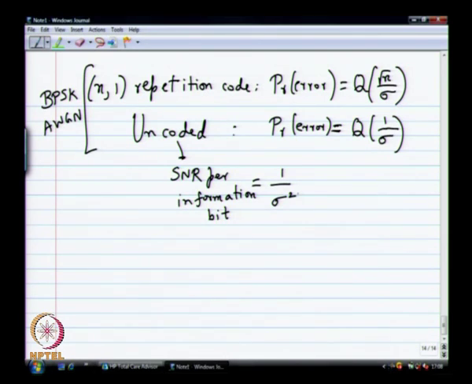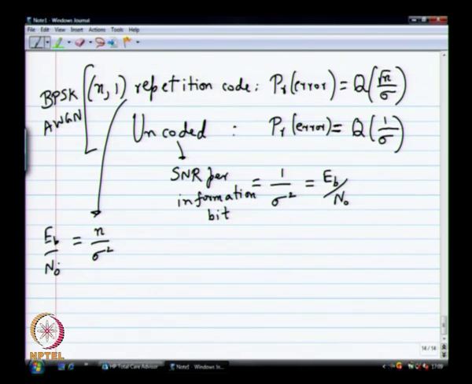So the symbol power is just 1, either minus 1 or plus 1, the variance is just 1. What is the SNR per information bit here? SNR per information bit is also called Eb over N naught, for instance. So the SNR per information bit for the repetition code is what? n by sigma square. So this is Eb over N naught.